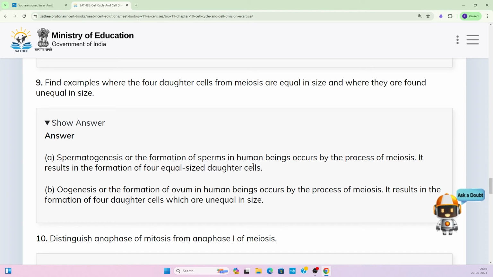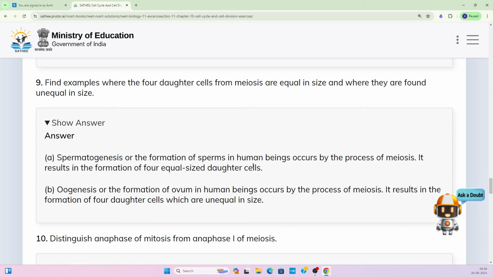So here we can see the eggs that are formed by the process of meiosis. There is one single functional egg and that is larger in size where the others are smaller in size. So in meiosis division, this is the example showing the unequal division of the cell, unequal in the size of the cell.